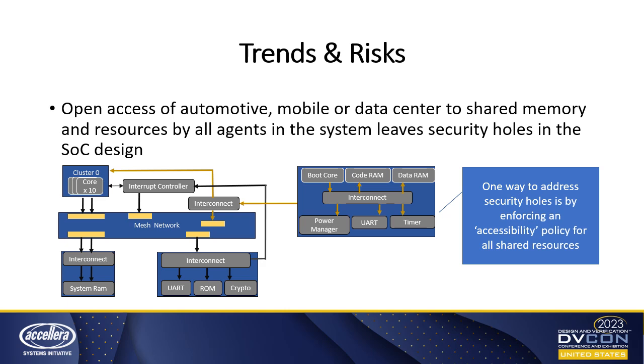To prevent that, RISC-V architecture defines a hardware block that enforces accessibility policies for the shared system components. Our work is to verify that hardware security block as quickly as possible using Perspec and portable stimulus models. In the next few slides, I'll go over the specification of the hardware security block.